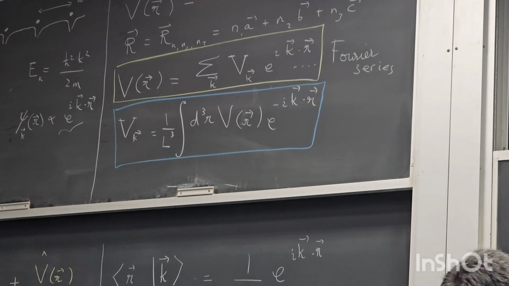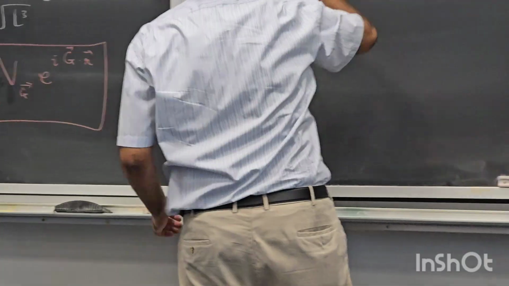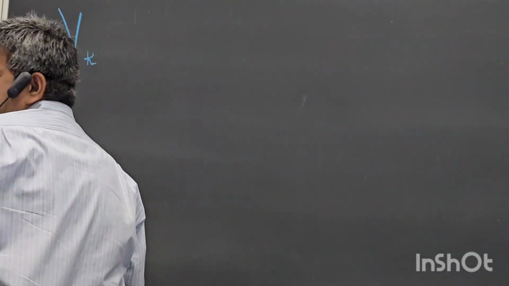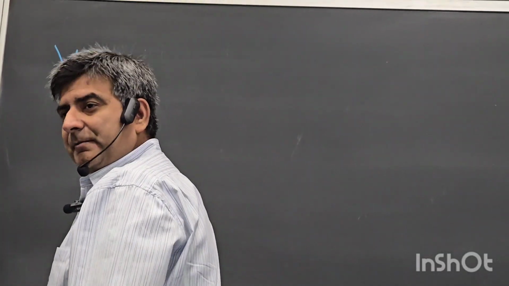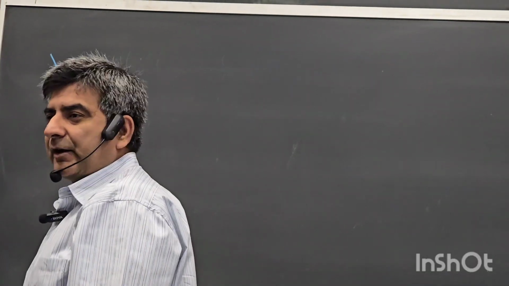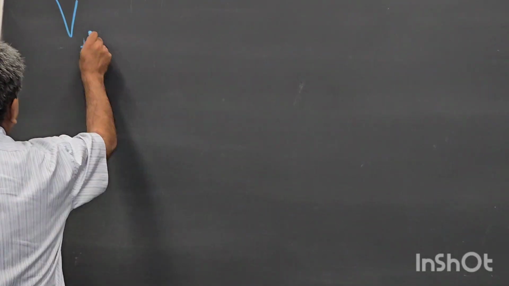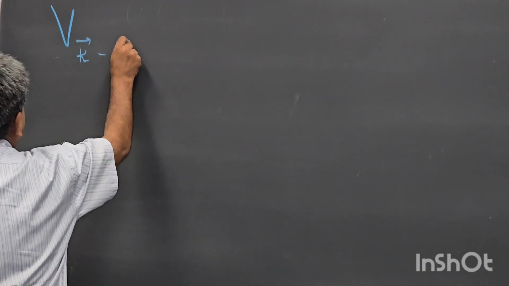So I'm just going to do a little bit of algebraic fiddling, some algebraic acrobatics, nothing else. I replace k by k minus k prime.